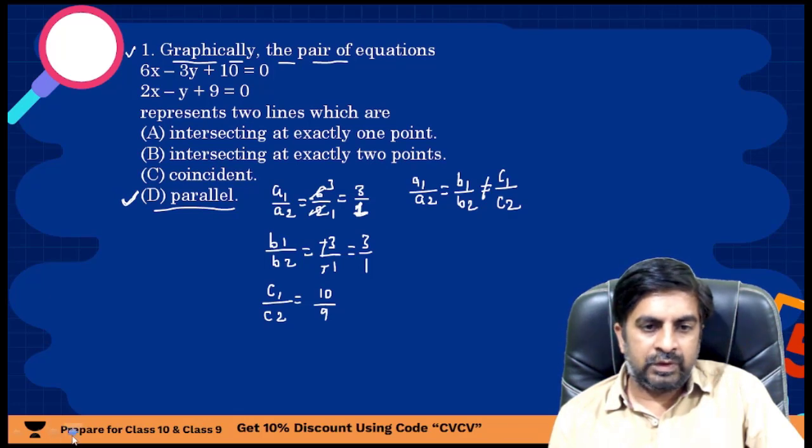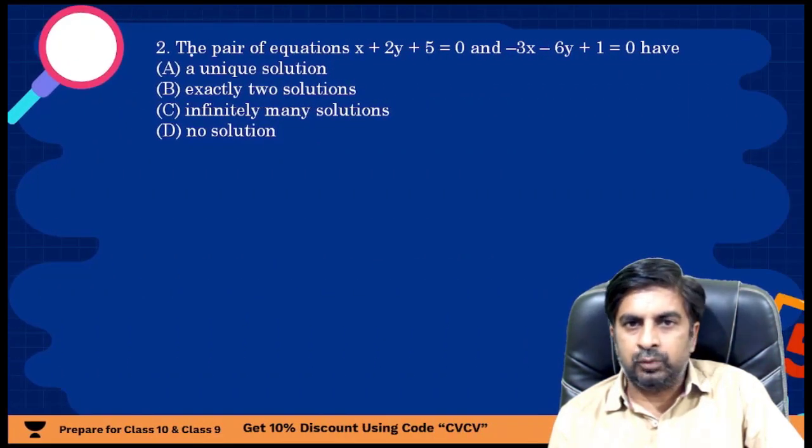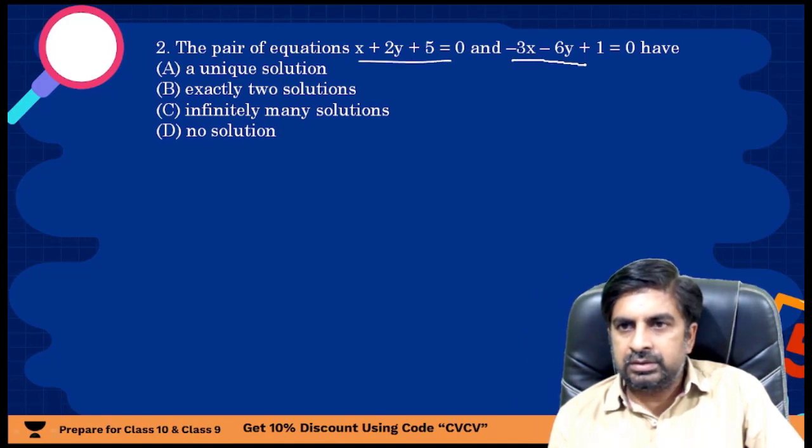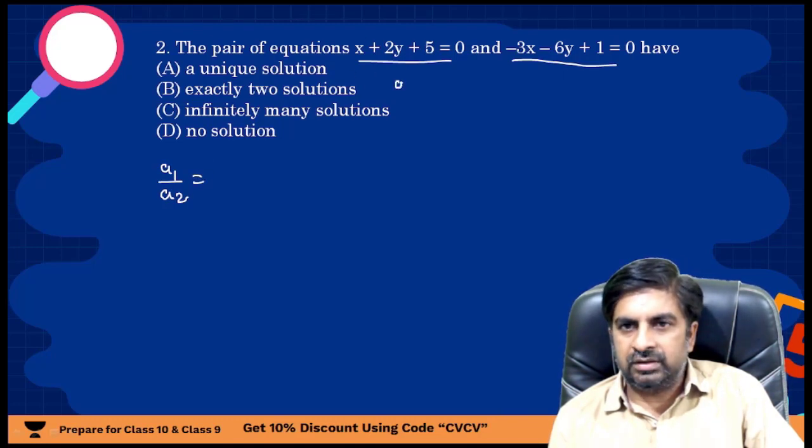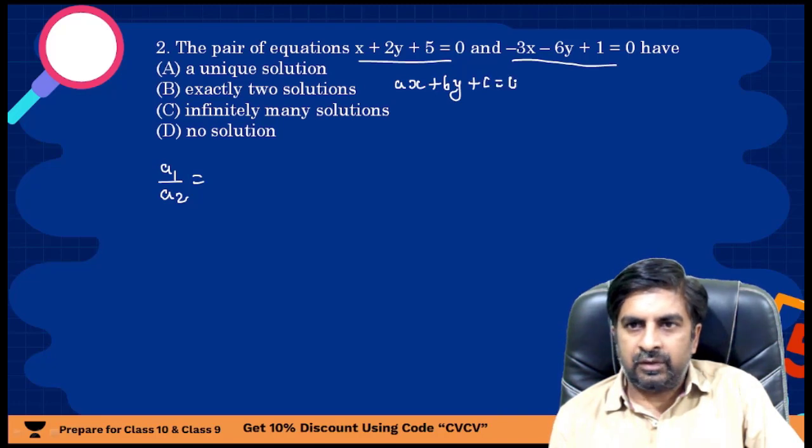Let us go for the next question. Question number 2. The pair of linear equations, this and this, have which type of solution? First you need to again do the same procedure, a1 by a2. You need to understand the standard form of this linear pair with two variables. The term with x is your a1, so here 1, and your a2 is minus 3.